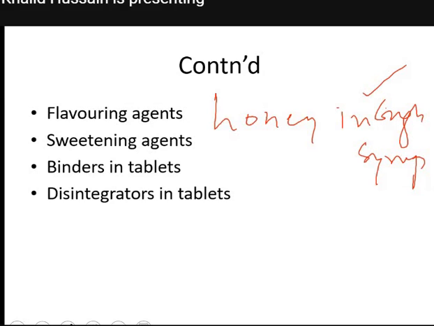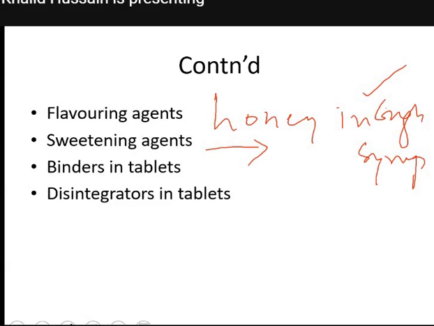These are also used as sweetening agents. Medicines which are very bitter are made sweet by adding carbohydrates as sweetening agents. Carbohydrates also act as binders.